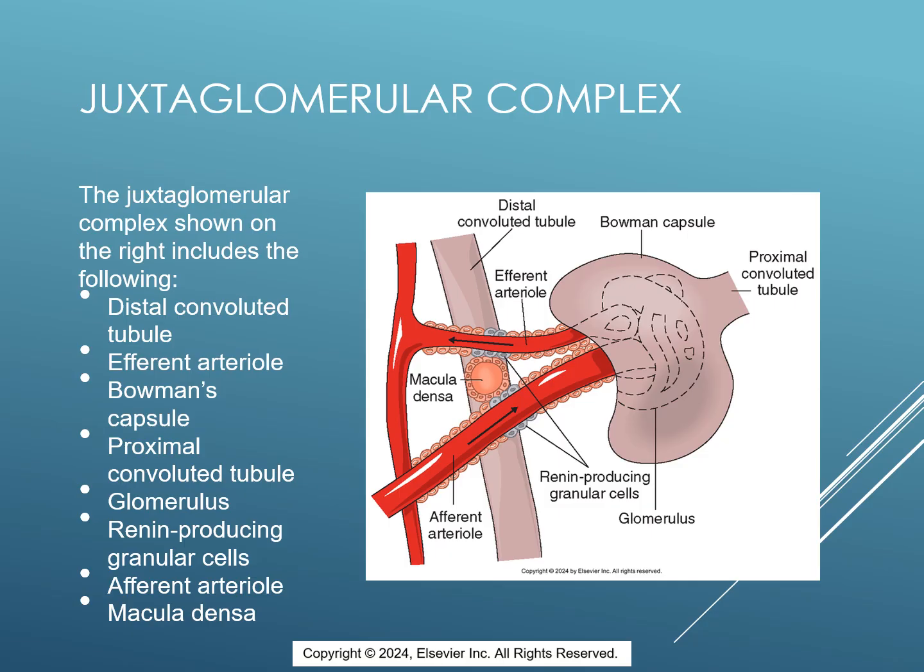Renin then triggers the RAAS, which is the renin-angiotensin-aldosterone system, to increase sodium and water reabsorption, to increase blood pressure and volume, and to increase potassium excretion from the body.